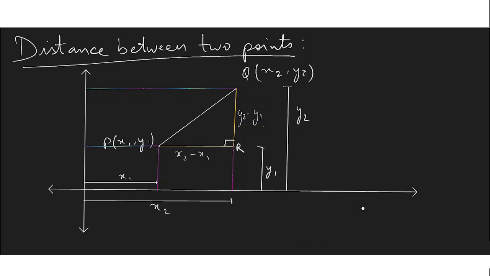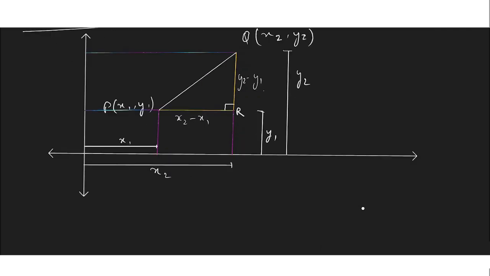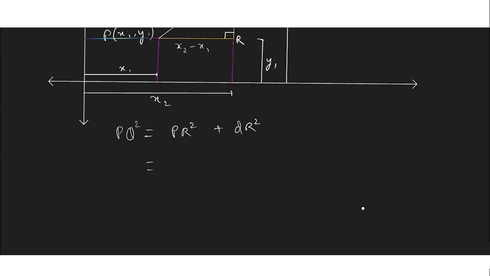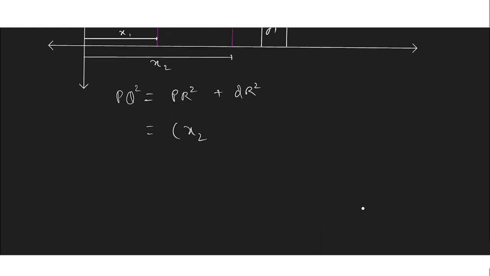Now if we apply Pythagoras theorem in this triangle, we get PQ square equal to PR square plus QR square. Further, PR, which is our x2 minus x1, so x2 minus x1 square plus y2 minus y1 square, where PQ is the distance between the 2 points.